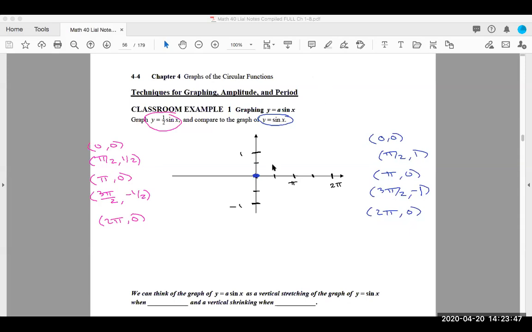So back to parent, 0, 0. Pi over 2, 1. Pi, 0. 3 pi over 2, -1. And 2 pi, 0. Okay, we're going to have a curve that looks like this.